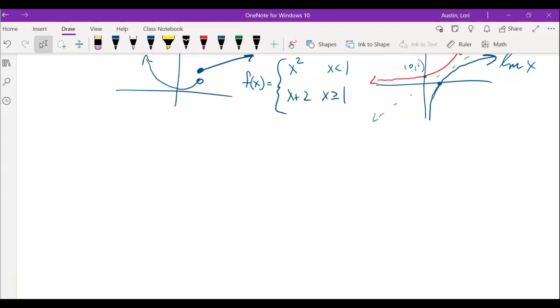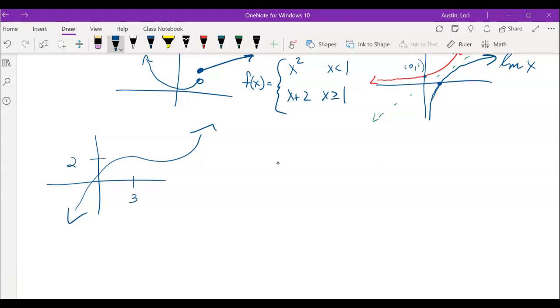So the idea of a limit: if I have a basic, we'll just go with a polynomial function, just some function. Let's suppose that is a 3 and that's a 2.